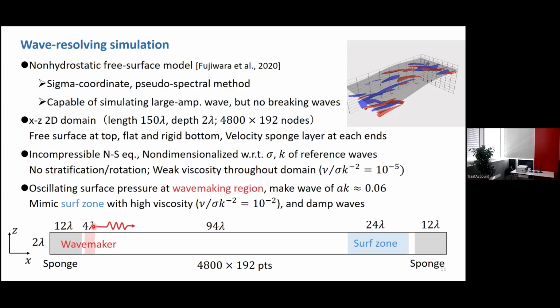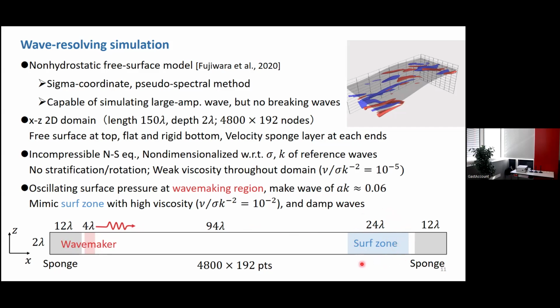To produce waves in this region, I oscillated the upper surface pressure boundary condition with a certain frequency, and then the waves are excited to propagate in both directions. But the leftward propagating waves are immediately absorbed by the sponge. So the waves propagate through the domain, and are eventually damped in the surf zone.